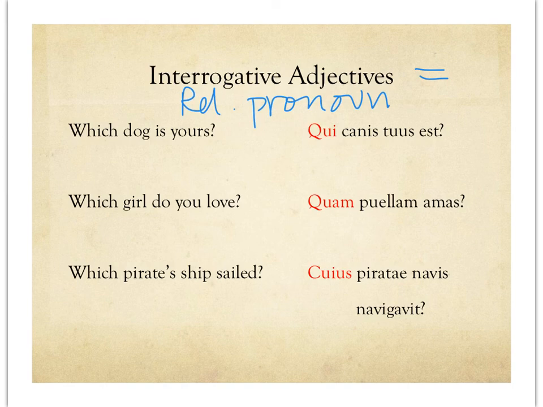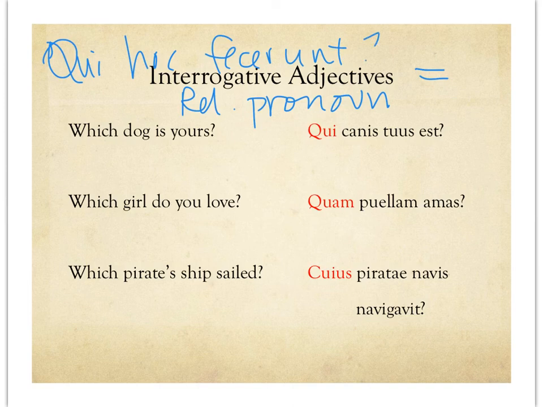And in fact, if we wanted to ask a question in the plural, if we knew that we were asking who did that, and we knew that there was more than one person, we would just use the plural of the relative pronoun, or the interrogative adjective. We would say qui hoc fecerunt.